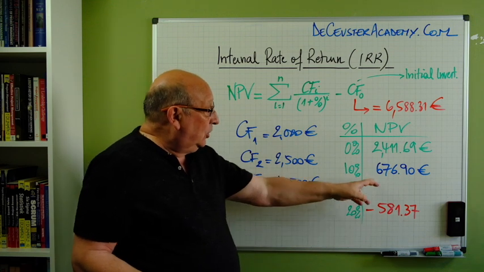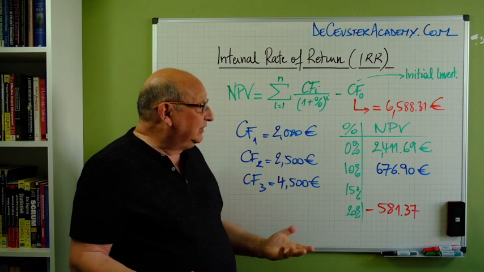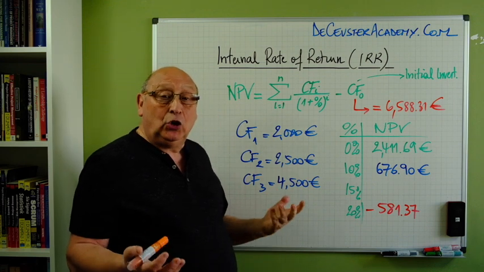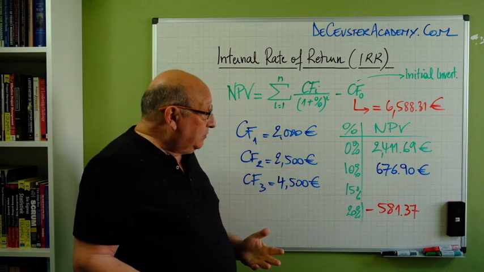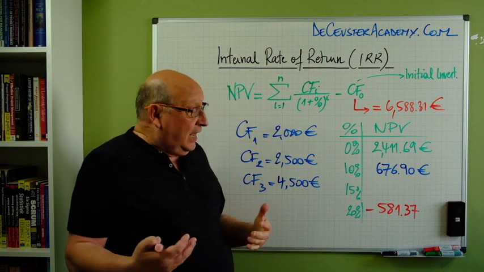And we find a net present value of 676.9 euro.